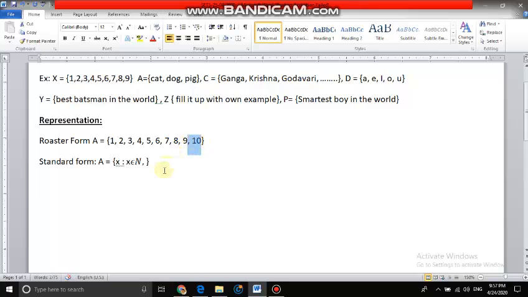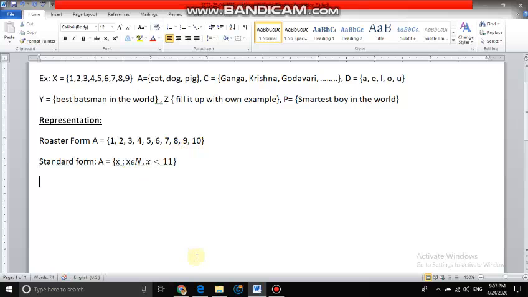So I have to restrict my x also. x is a natural number. If I leave it here, it will go till infinity. But here I have only numbers till 10. So the restriction will take place when I put x is less than 11. So x is less than 11 means it has to stop at 10.